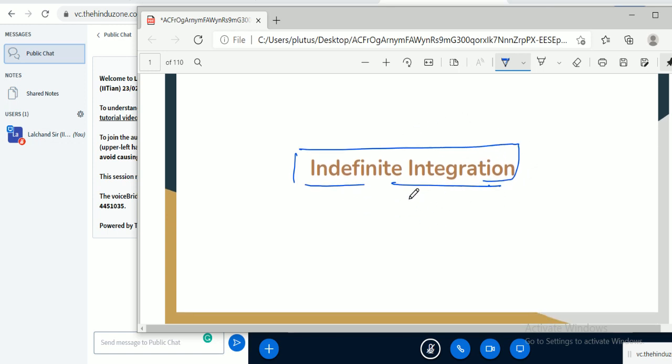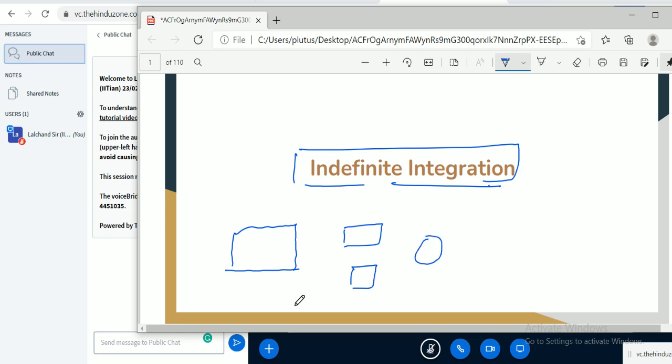Basically, integration is required to find the area under the curve. The application of integration we will discuss in the chapter on area under the curve and definite integration. Whenever we require the area bounded by two curves, if we have a shape like a rectangle, square, or circle, we can calculate it easily.